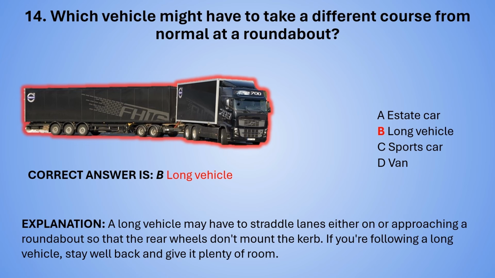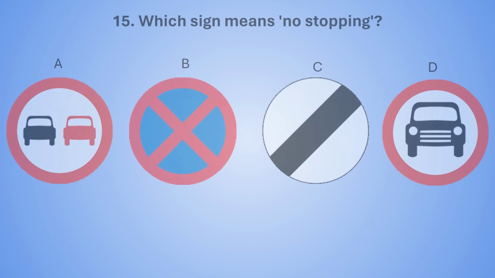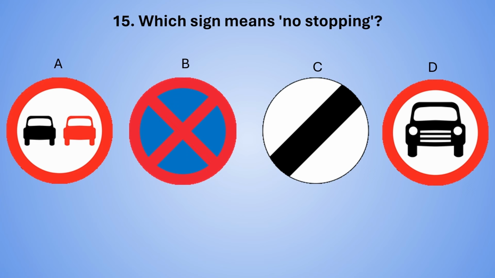Question number 15. Which sign means no stopping? Sign A, sign B, sign C, or sign D? 5, 4, 3, 2, 1.